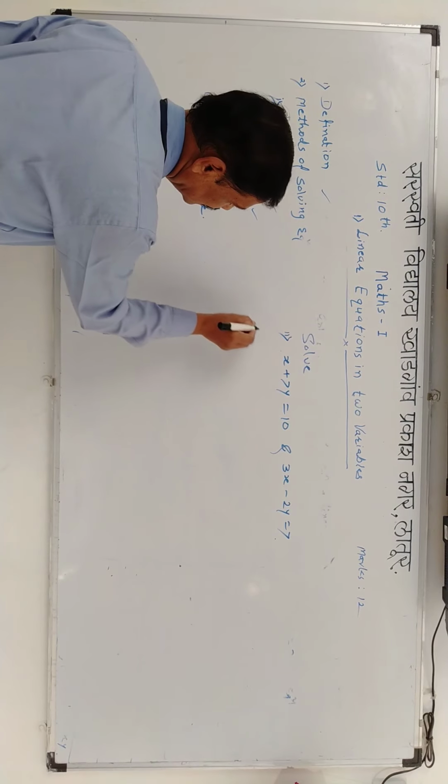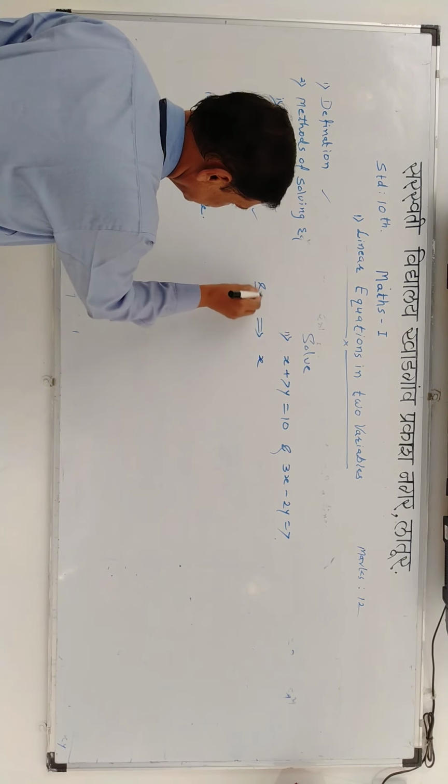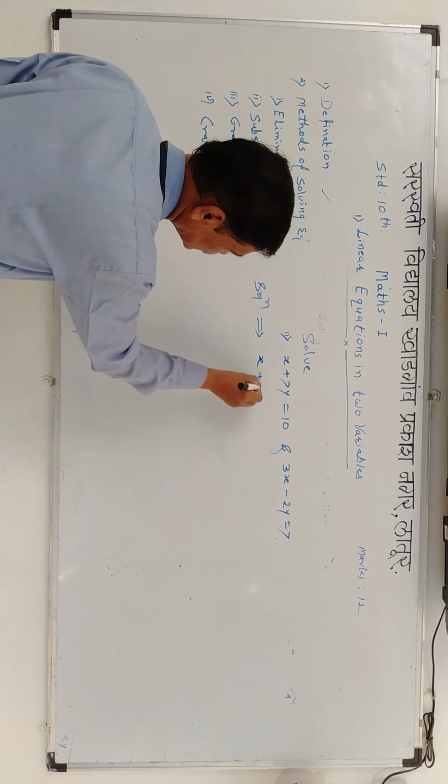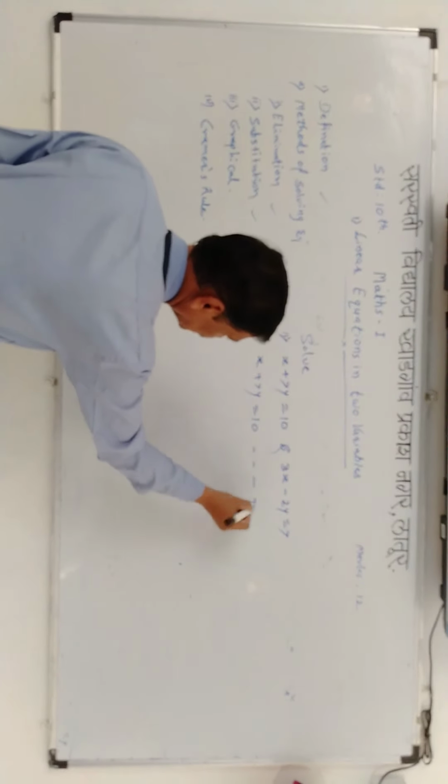It means that, suppose the solution is there: x plus 7y is equal to 10, name it as the first equation, and 3x minus 2y is equal to 7, name it as second.